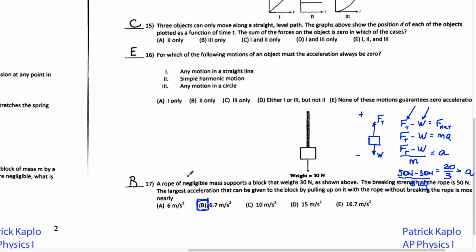Let's take a look at question number 19, and then we'll go to a different packet.